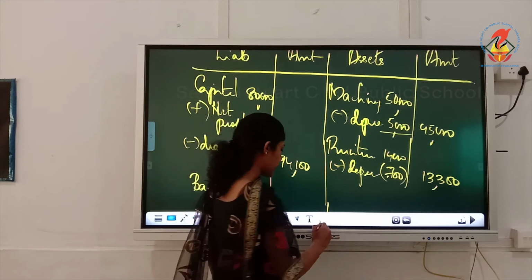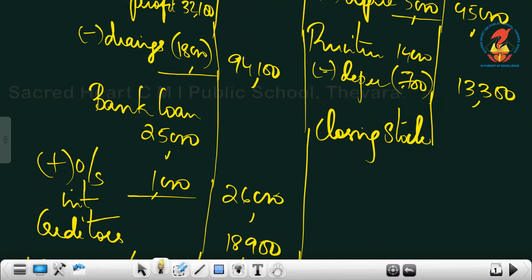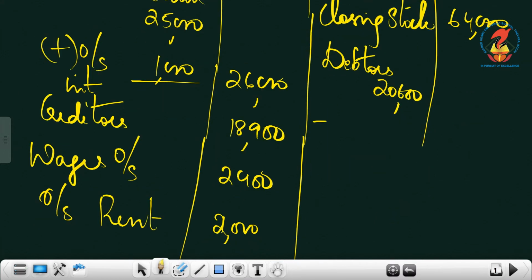Now we'll move on to current assets. When you start current assets, always remember to write closing stock first. And it is given as adjustment. It is 64,000. Then you can write debtors, which is having adjustment. So write the figure in the inner column, 2,600. From that you have to deduct first further bad debts.